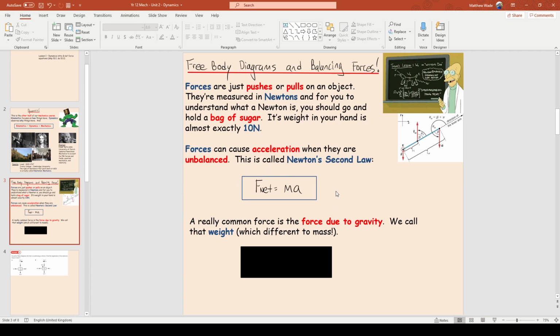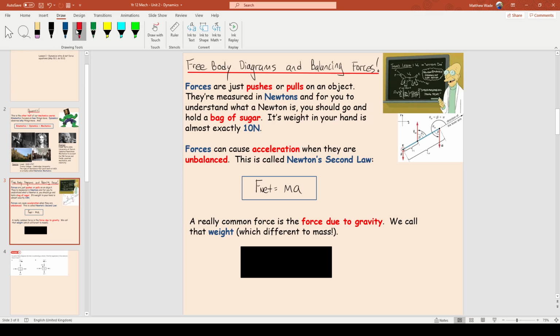So it's F net equals ma, where F net, and you should write this down, is the overall balance of forces, or what they usually call the resultant force, okay? So this is the resultant force. It's like the overall force.